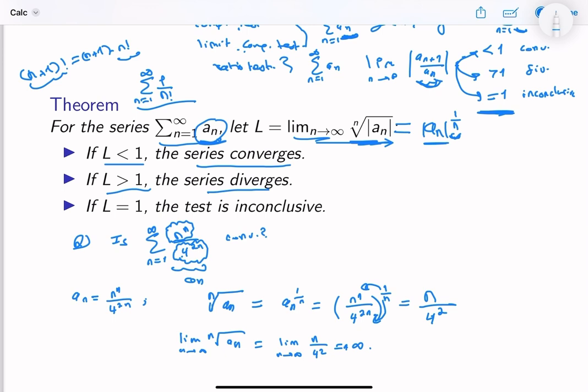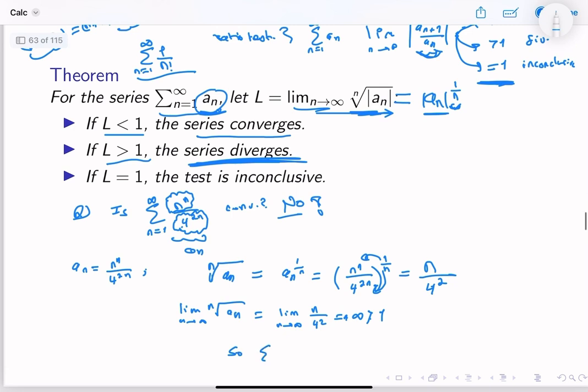This is clearly strictly bigger than 1, so the series is divergent. So the sum of a_n is divergent. And it might be nice to mention every time what test you're using. So this is by the root test. Okay.